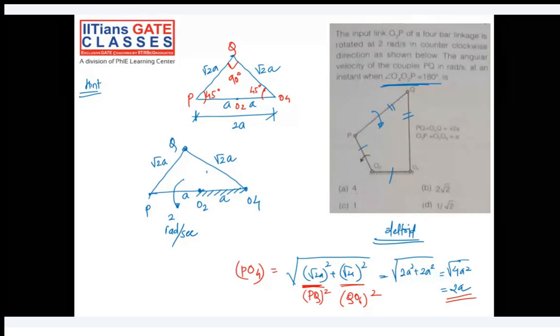Whenever we have a right angle triangle, or let's try to find the velocity. Try to draw the velocity triangle. In this case, you will get a clear idea.